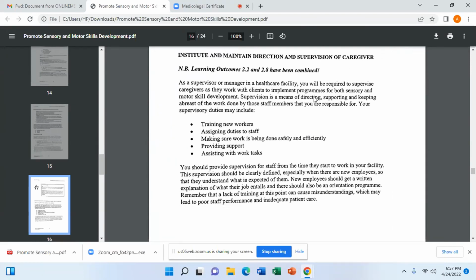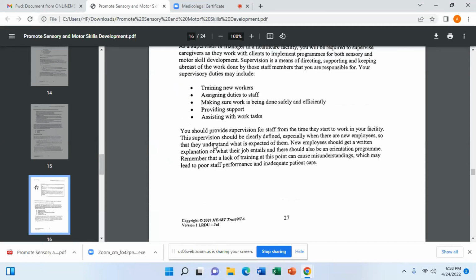Supervision is a means of directing, supporting, and keeping abreast of the work done by those staff members that you are responsible for. Your supervisory duties may include training new workers, assigning duties to staff, making sure work is being done safely and efficiently, providing support, and assisting with work tasks.